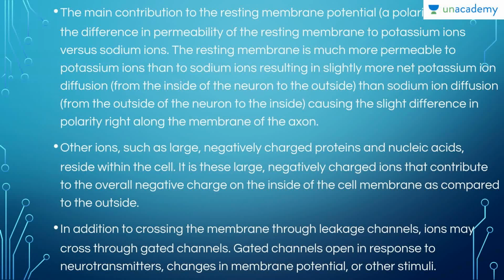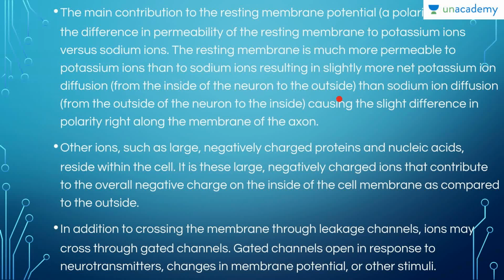The main contribution to the resting membrane potential is the difference in permeability of the resting membrane to potassium ions versus the sodium ions. The resting membrane is much more permeable to potassium ions than to sodium ions, resulting in slightly more net potassium diffusion from the inside of the neuron to the outside. So you've got to know this.